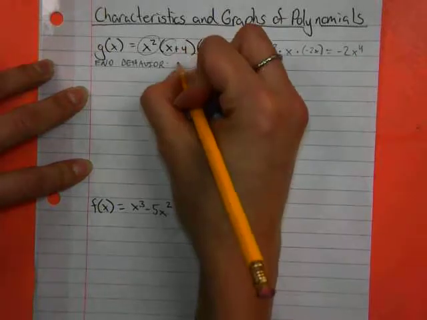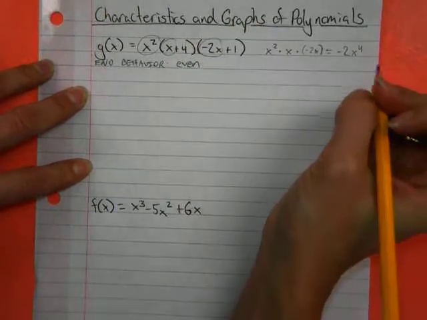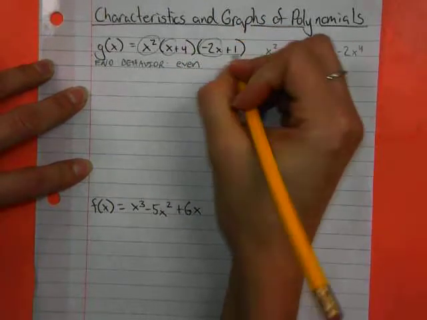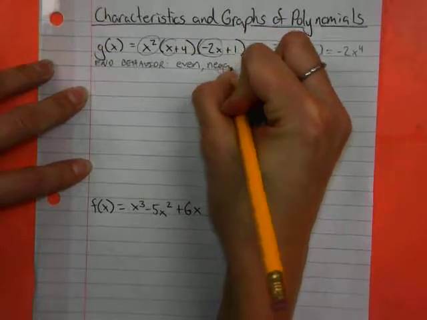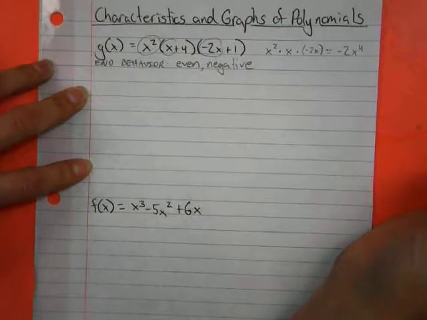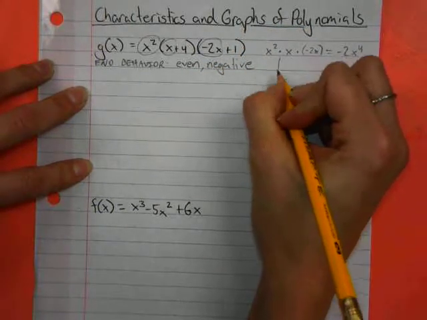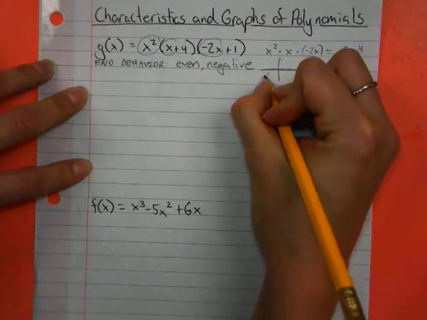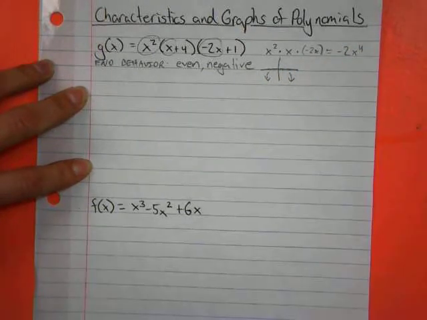So this is going to have the same pattern that all even negative polynomials have. And I'm thinking in my head, I can picture that even negatives in general are going to be headed to negative infinity on both sides, on the left and the right.